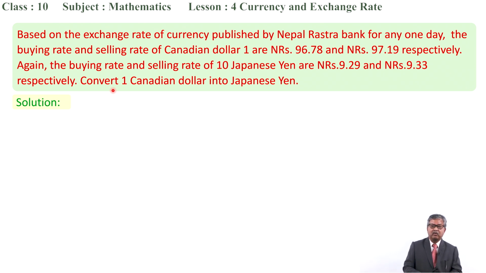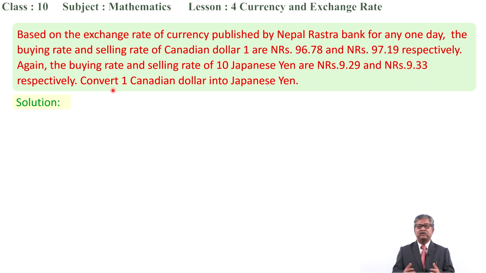It means when you give 1 Canadian dollar, how many Japanese yen will you get? So can you exchange the Canadian dollar directly into Japanese yen? Good, no, because there is no provision, because it is not available in the market. So we cannot exchange Canadian dollars directly into Japanese yen.